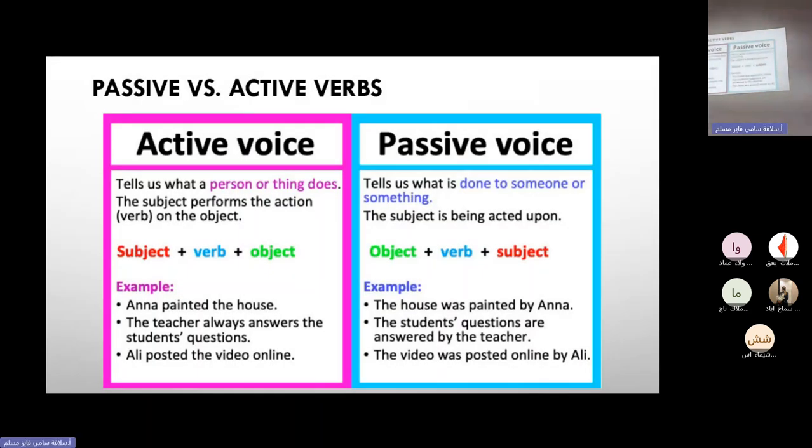The last, I think this is the last thing. The last thing we will talk about is the passive and the active verbs. الجملة المبنية للمعلوم والجملة المبنية للمجهول. عادة لما بدكم تعملوا editing لإشي مكتوب بالإنجليزي، okay? English tends to like passive voices. الإنجليزي بحب الباسف.